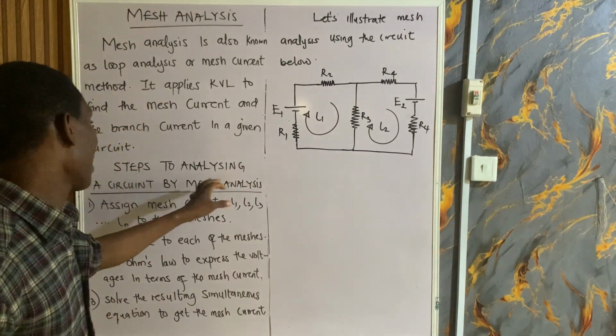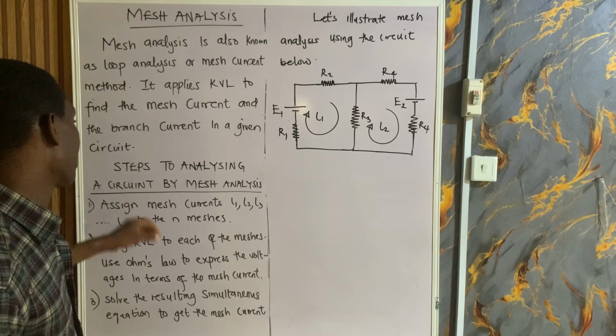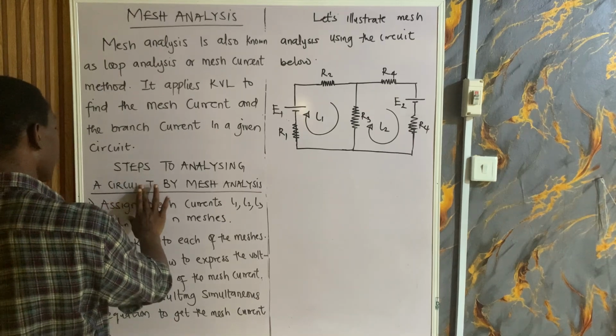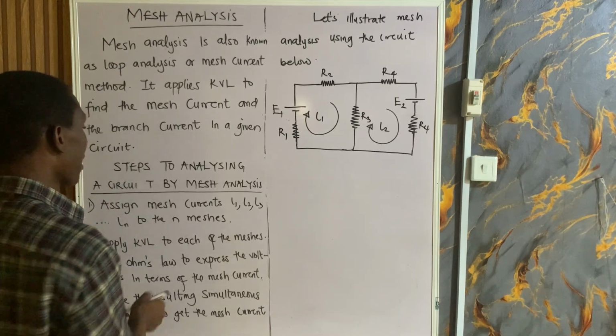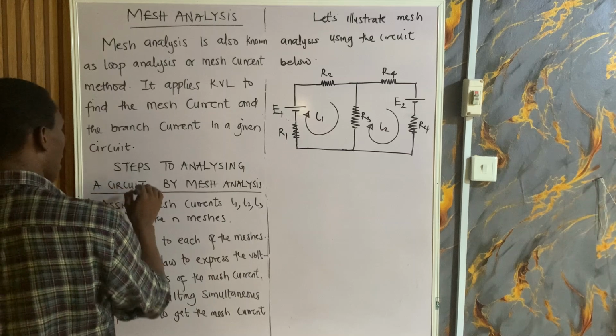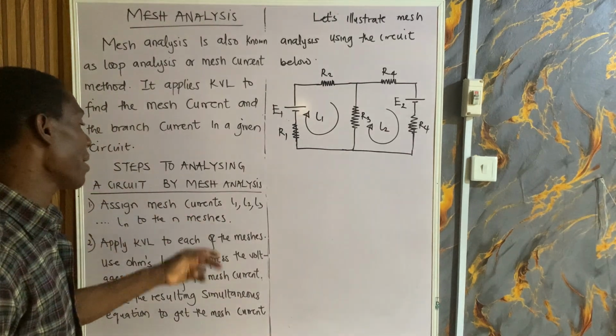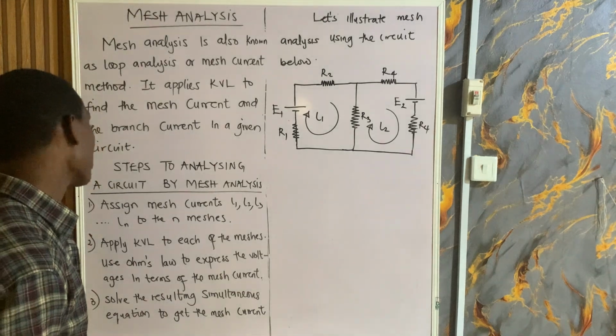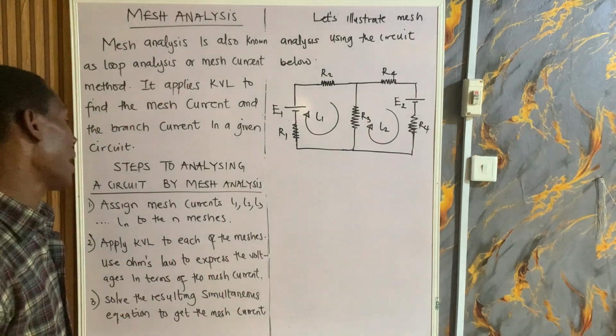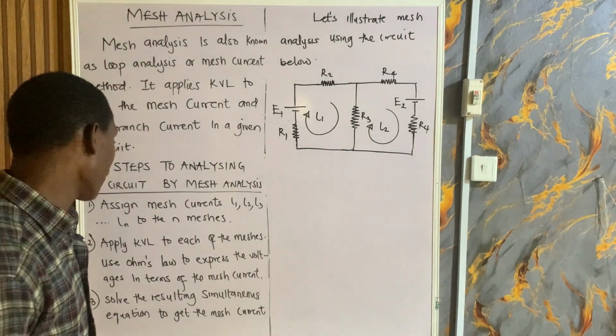Steps to analyzing a circuit by mesh analysis. Just 3 steps. First of all, assign mesh currents I1, I2, I3 till the nth number of meshes you have.